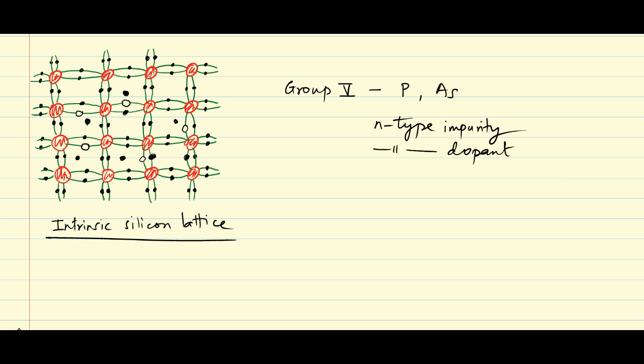Now in this example, we will assume that the impurity which we use is phosphorus. And further, for a better understanding of the mechanisms involved, let us assume that there are no electron hole pairs which are thermally generated. So it's just to understand how the n-type dopant acts. Later on we can reintroduce these electron hole pairs.